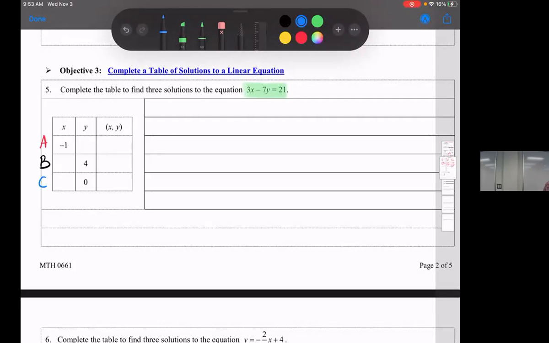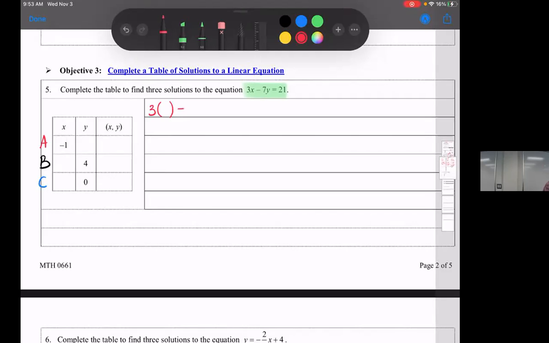Whenever I see X or Y in the equation, I may replace it with a parenthesis. So I have 3 times parenthesis. For part A, do they give you X or Y? X, right?